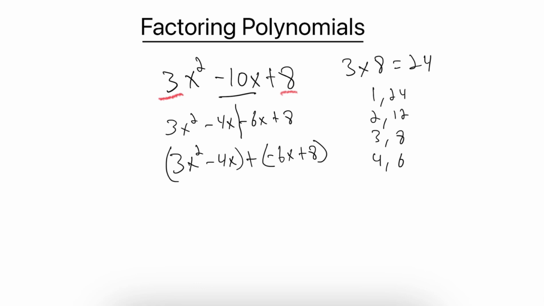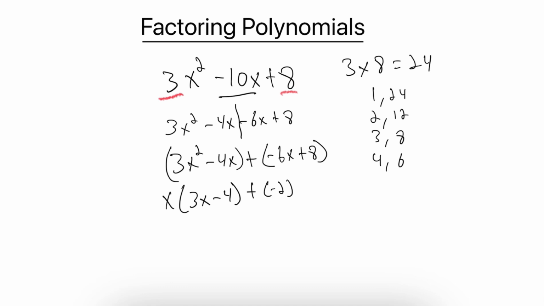So if you can see here, we've got 3x and 4x and 6x and 8. To make this one match this one, we'll pull out an x. So x, and we have 3x minus 4 plus, and we're going to pull a negative 2 out of this side.